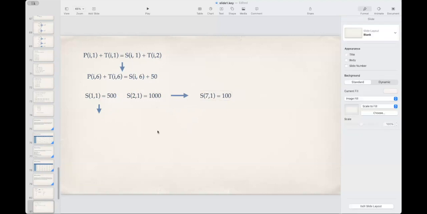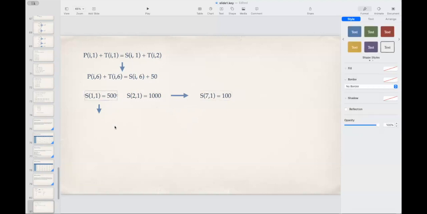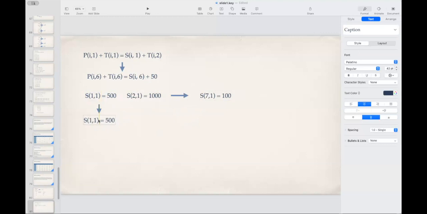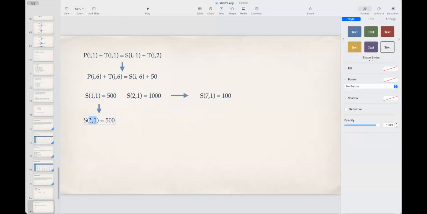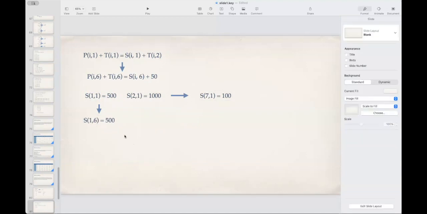Yes, good. And this one, we repeat it until S of 1, 6.